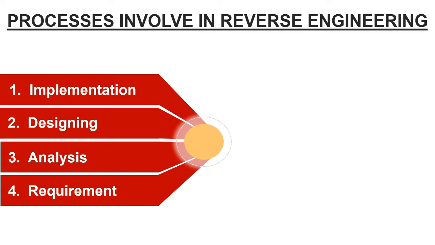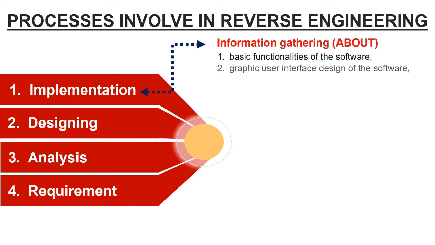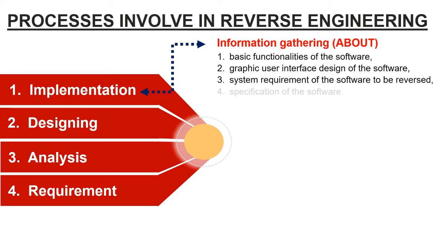In lesson 5, which was about the concept and the processes involved in software reverse engineering, I stated that the implementation phase is for the purpose of gathering information about a software to be reversed in relation to its basic functionalities, its graphic user interface design, its system requirements, and its specification by operating the software to be reversed in its operational interface.